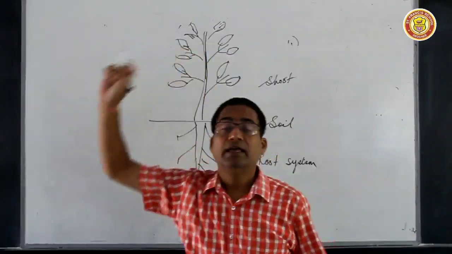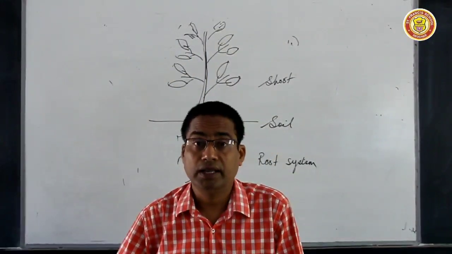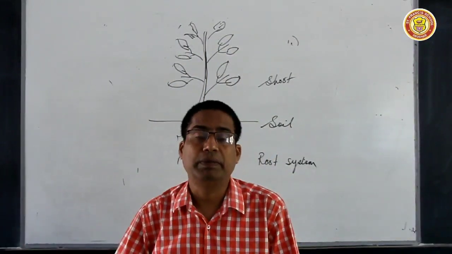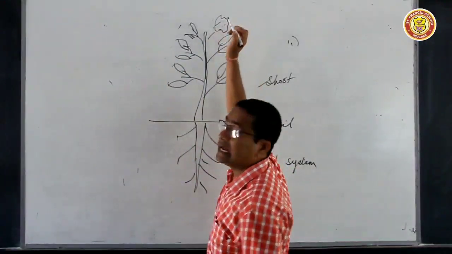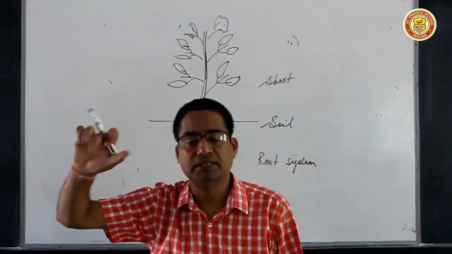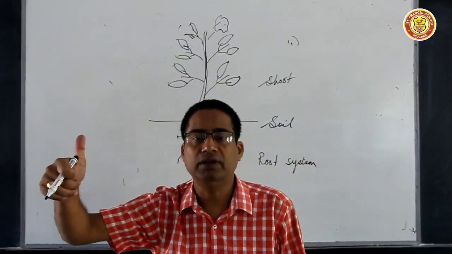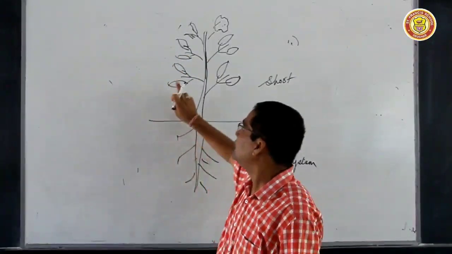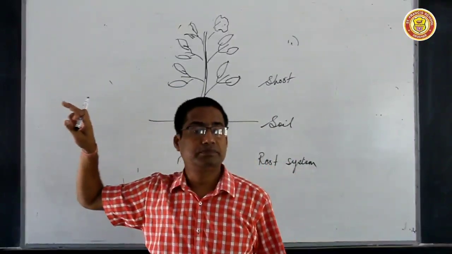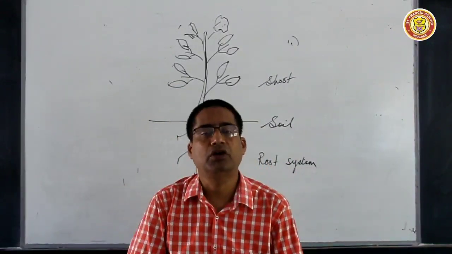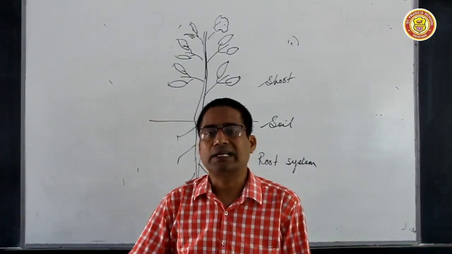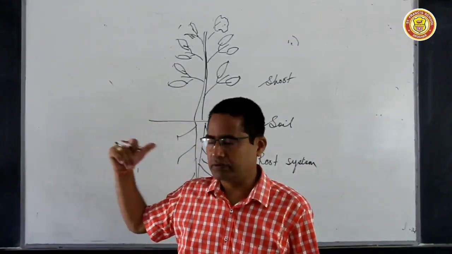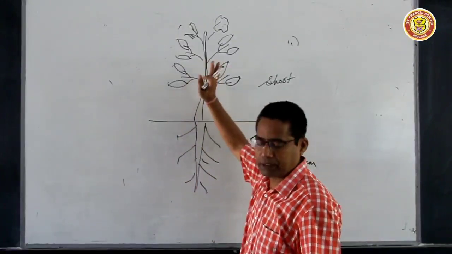It has flowers, again an important part of a plant, and it has fruit. So the stem bears leaves, flowers and fruit. The leaves help in manufacturing food for the plant, as well as for the living organisms that depend on green plants for food. So this is the aerial part of the plant.